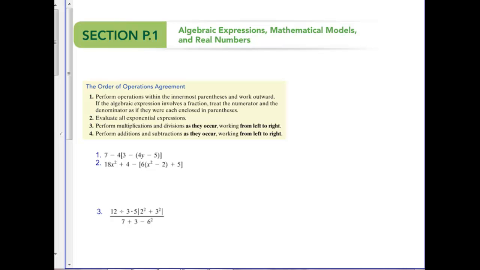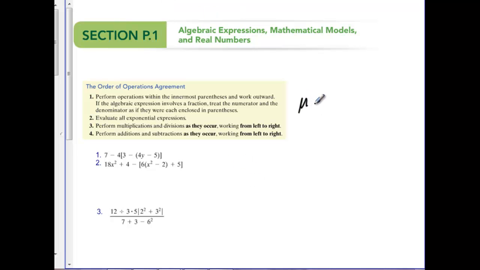The parts that are really important to remember are that you need to make sure you're doing multiplication and division from left to right as they occur, and addition and subtraction from left to right as they occur. Those are probably the two absolute biggest things.